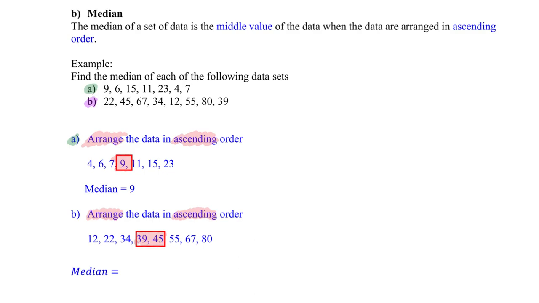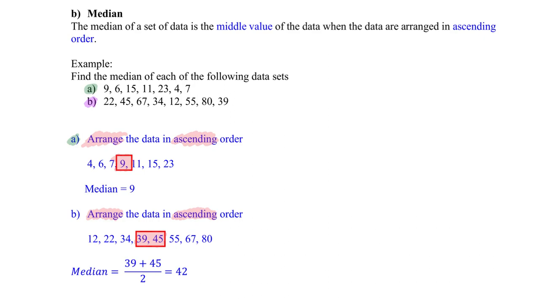Now, when this happens, we need to add these two middle numbers and divide by 2. So we need to find the average in order for us to get the median. So in this case, 39 plus 45 divided by 2. That will give me 42.